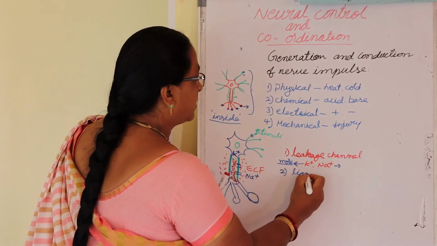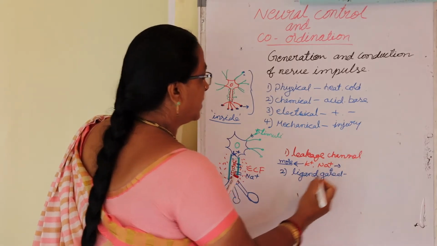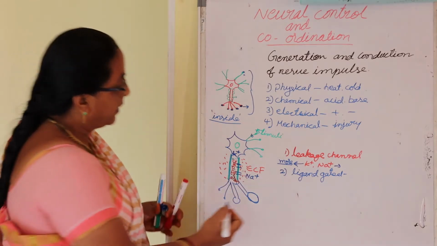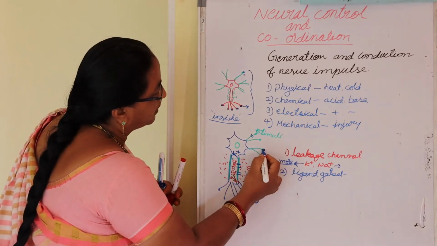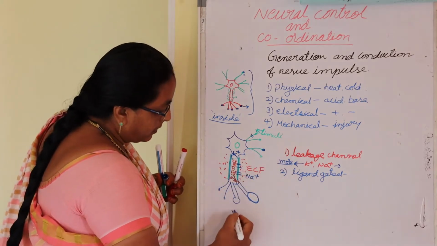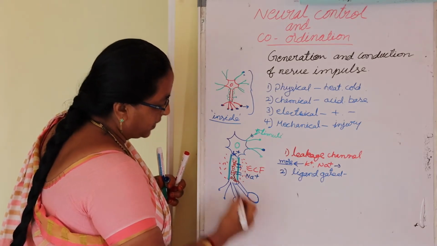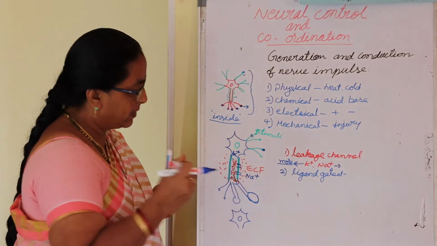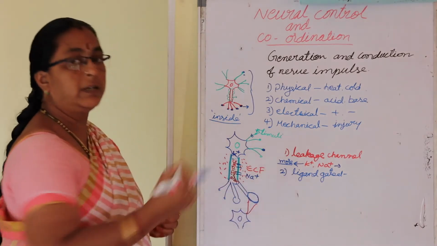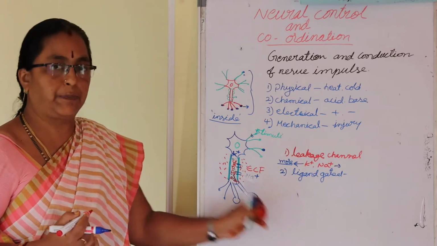Next one is ligand-gated channels. These ligand-gated channels are present here, postsynaptic. This is one of the dendrites, and another neuron receives the signal. Like here, one more dendrite connects with the presynaptic nerve, and this we call the postsynaptic.